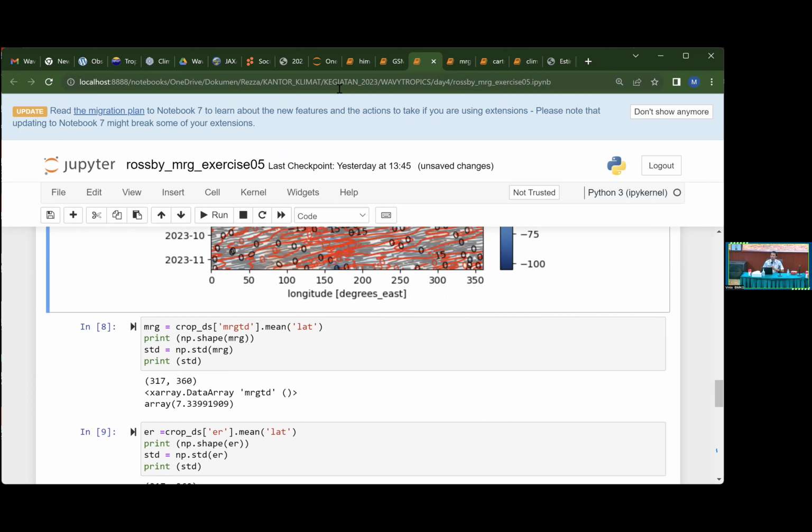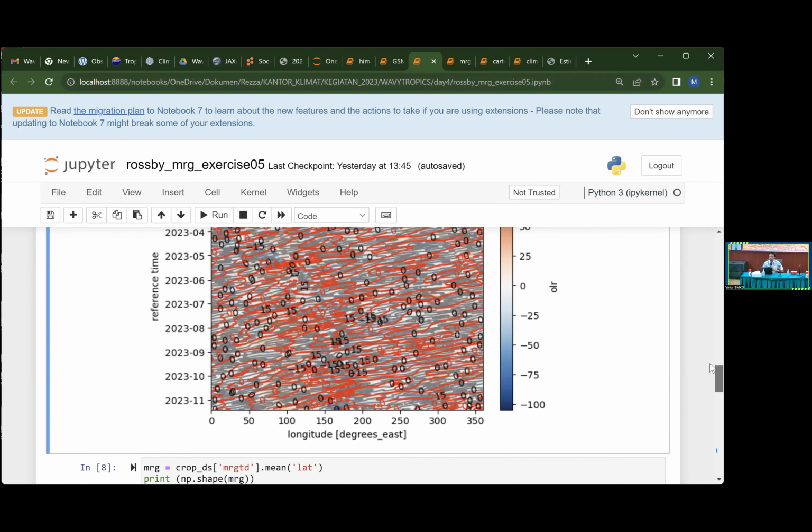As I mentioned before about the modulation of the high frequency by the lower frequency, we can divide into wet phase or dry phase, like the research conducted by Ida, who focused on the active phase, or we can say the wet phase. Wet phase means, because we filter the OLR, the negative values become the wet phase, right?